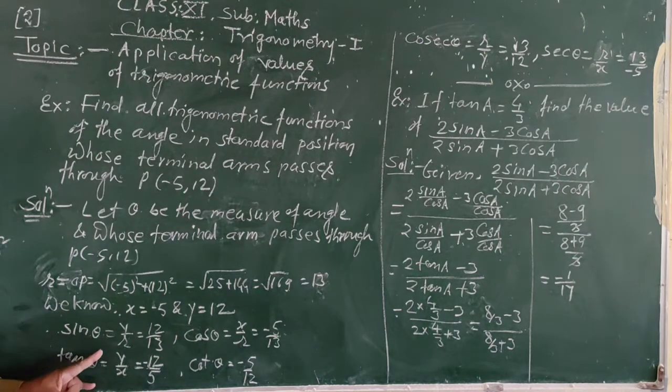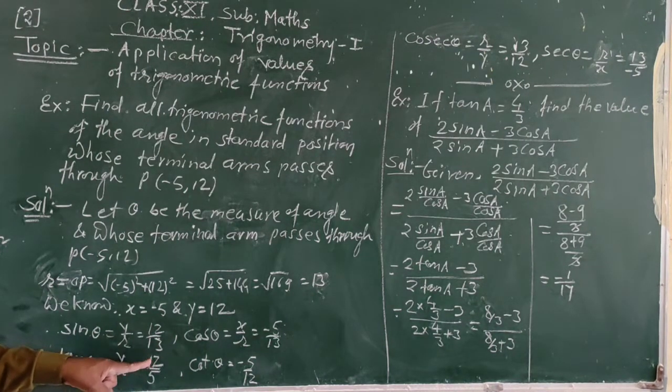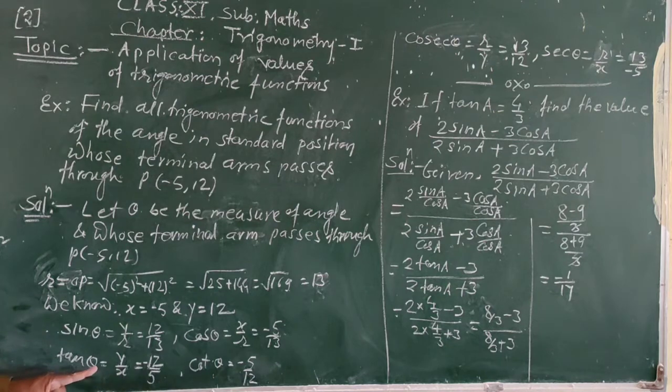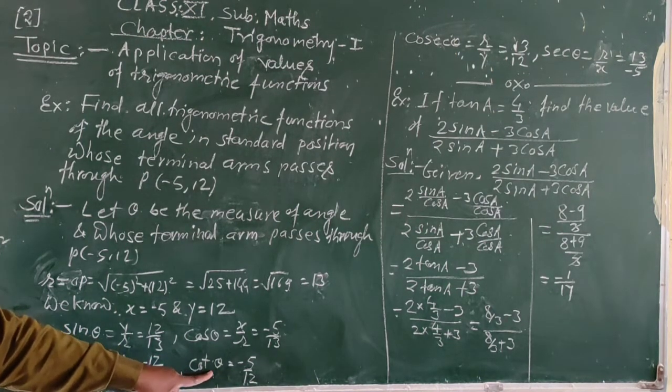Tan theta is equal to opposite side upon adjacent side. So y is 12 and x is minus 5, so simplifying, directly you can write minus 12 by 5. What is the inverse of this? Always remember, there is no question of finding the ratio again here. Once you know the value of tan, directly you can write the value of cot.